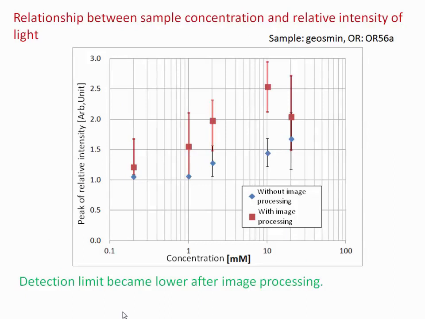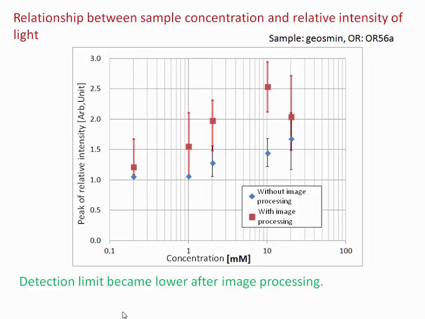And this one is a relationship between sample concentration and relative intensity of light. The lateral axis is the concentration of geosmin, and the vertical axis is the peak of the relative light intensities. The blue plot means without image processing, and the red plot means with image processing.